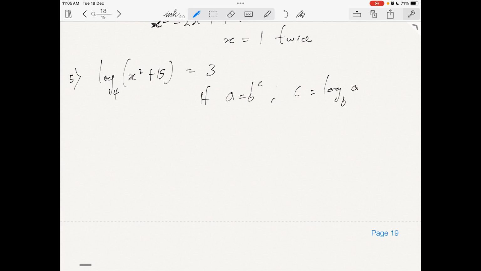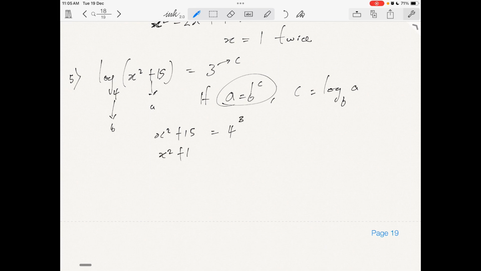So in this scenario, this is our a, and this is our c. So our a is x squared plus 15, and we are applying this now. Our b is 4 and the c is 3.